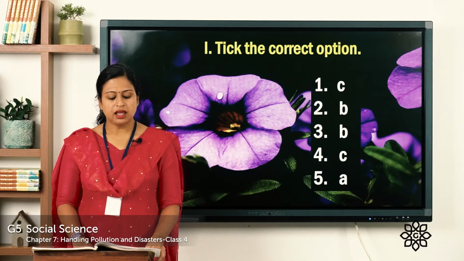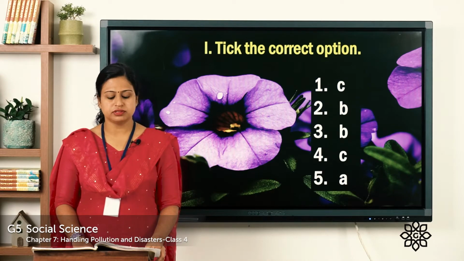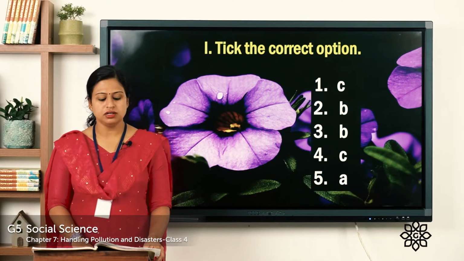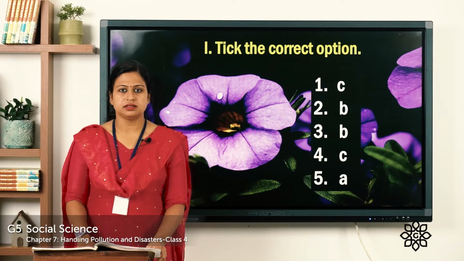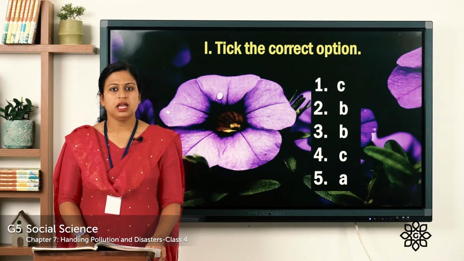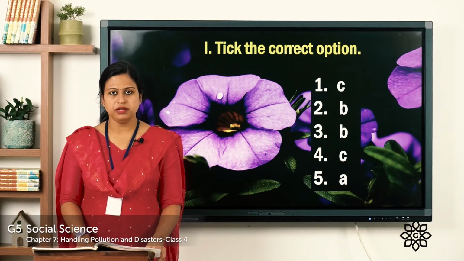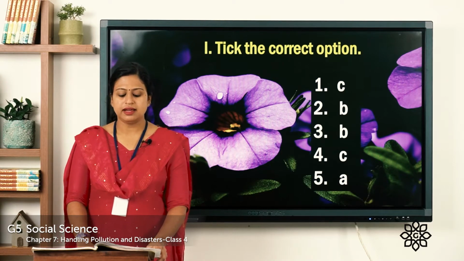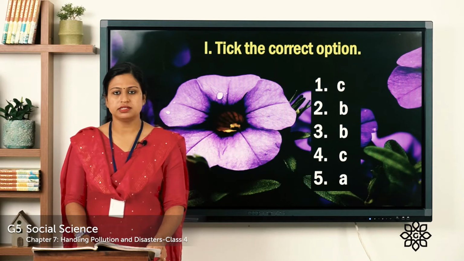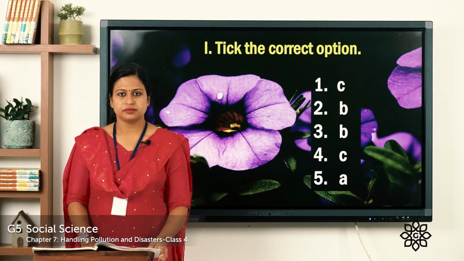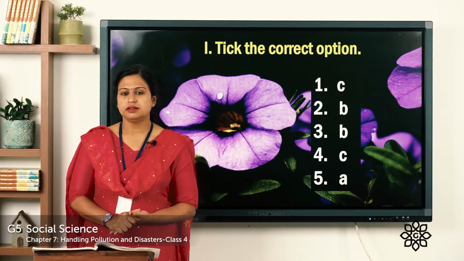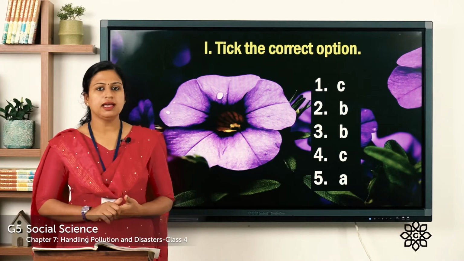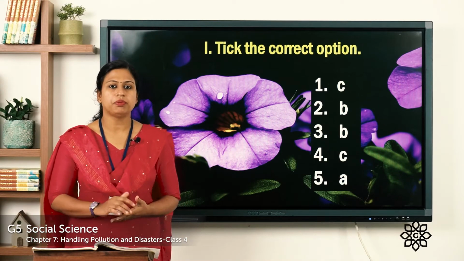Fourth, a calamity caused due to the force of nature is called natural disaster. Fifth one, a prolonged period of abnormally low rainfall that leads to a shortage of water is called drought. I hope you all have marked it. Now kids, you have to write all the exercise in your notebook with proper date.